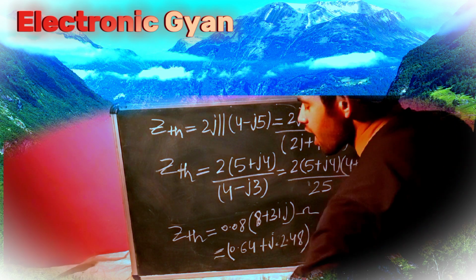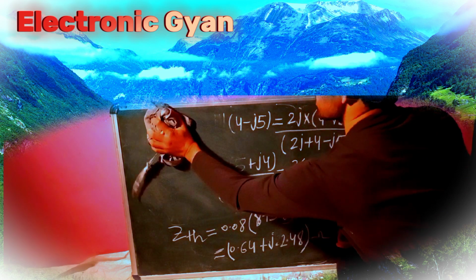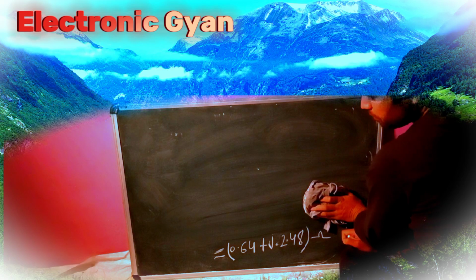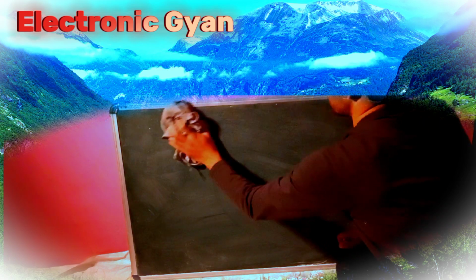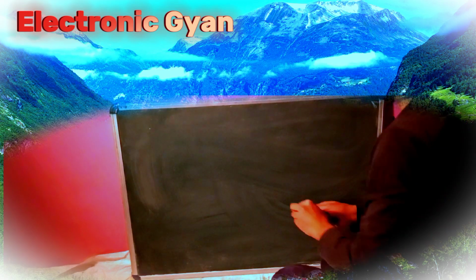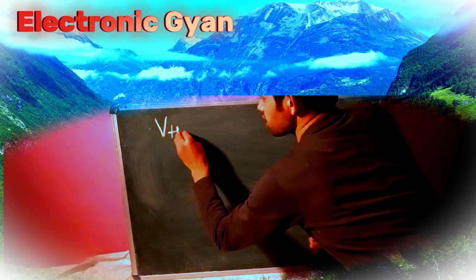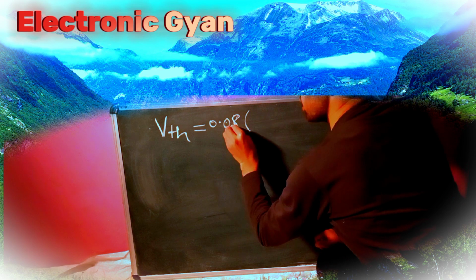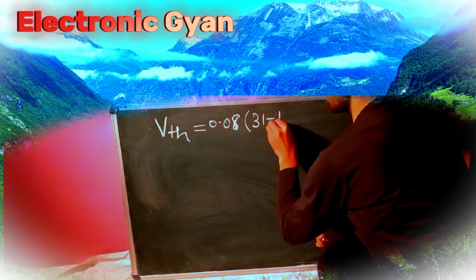And yes, now we are with the value of Thevenin impedance. So now we are available with the value of Thevenin impedance and Thevenin voltage. So what is Thevenin voltage? That is nothing but 0.08 into 31 minus j8.